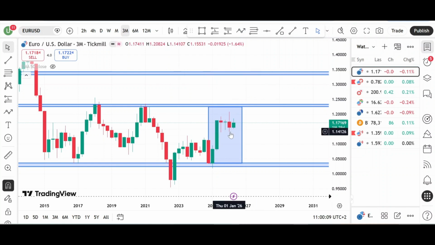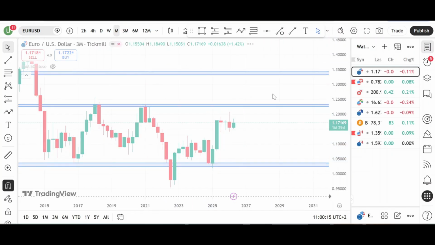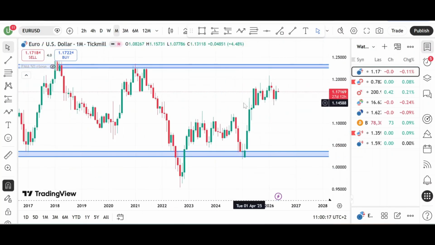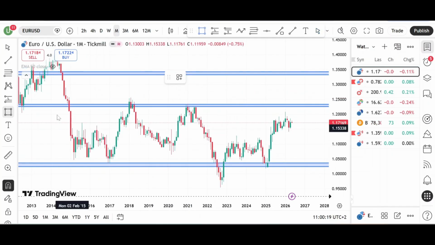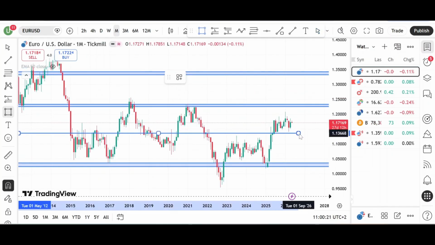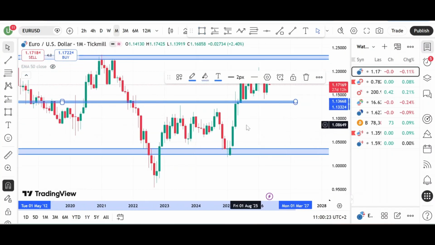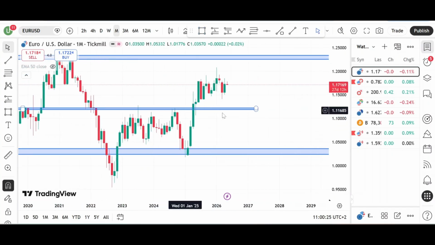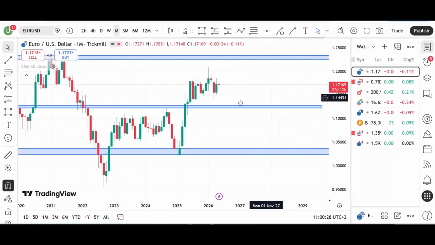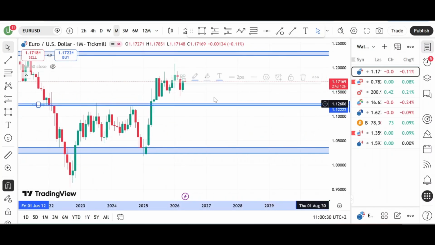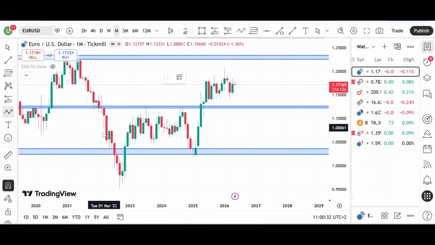So let's go to the monthly time frame to see what's currently going on here. Great. As you can see here, we are in an uptrend that was initially in a range or a consolidation, like here.